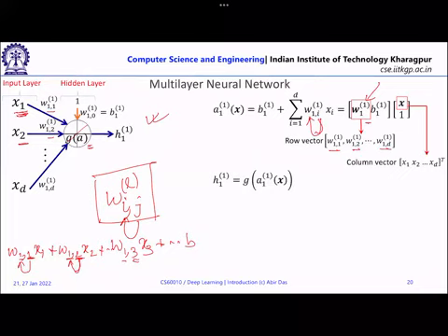So this is the form of A1X. A1X is called the pre-activation. It goes to the activation function and then gives the hidden layer activation, so H1 is the hidden layer activation. A1X denotes the first node of the hidden layer, and which hidden layer?